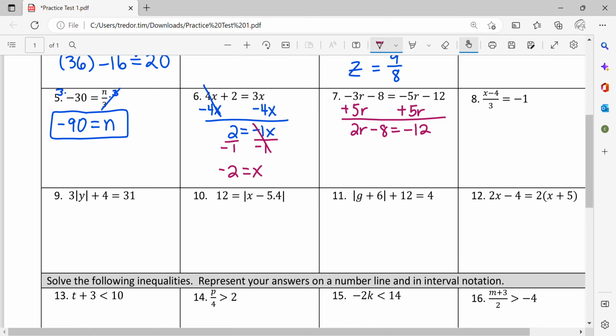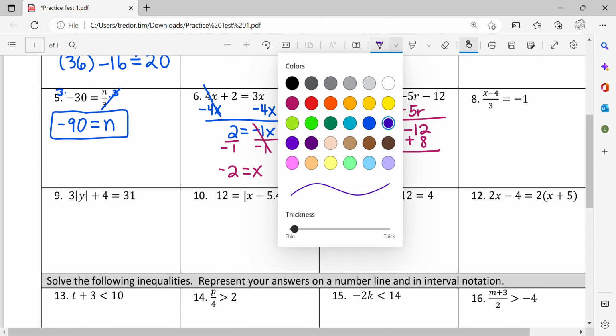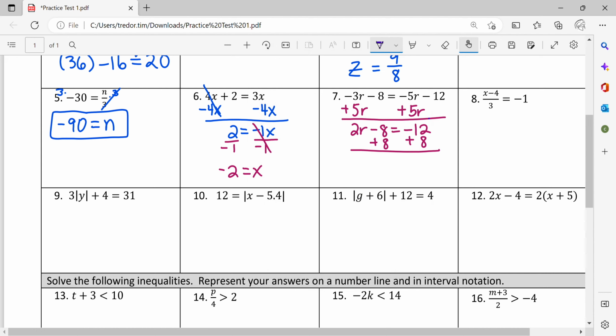And I can add 8 to both sides at this point. Cancel those 8's out, and I'll have 2 times r equals negative 4. Let's divide both sides by 2, and kind of running out of room, but I get r equals negative 2.